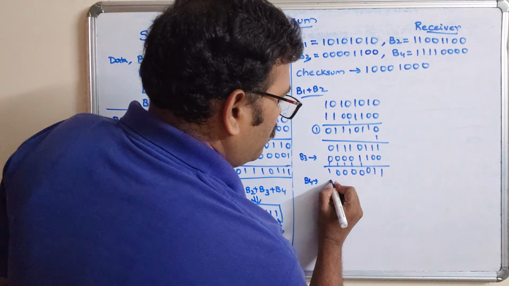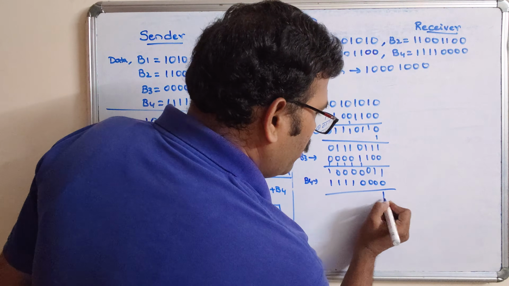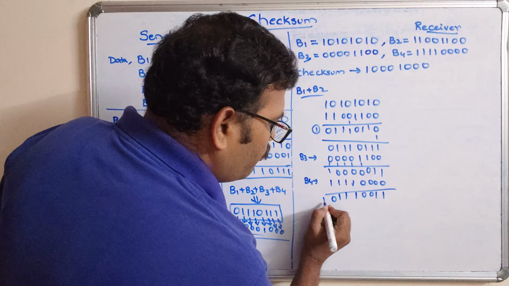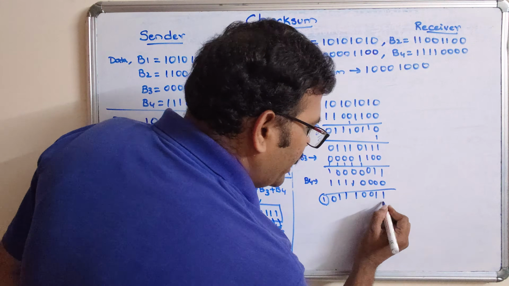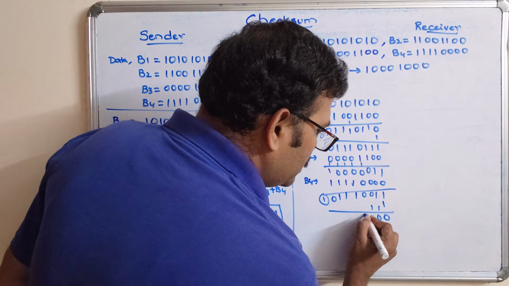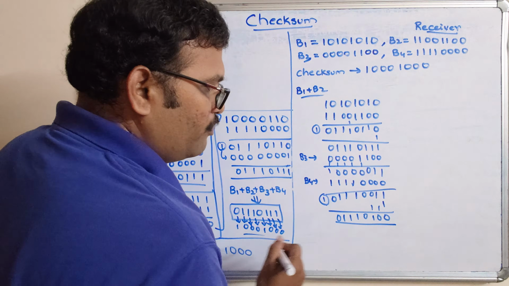What is B4? 1 1 1 1 0 0 0 0. How much? 1 1 0 0 1 1 1 0 and 1 carry, and this should be added here. So this is the thing we got.